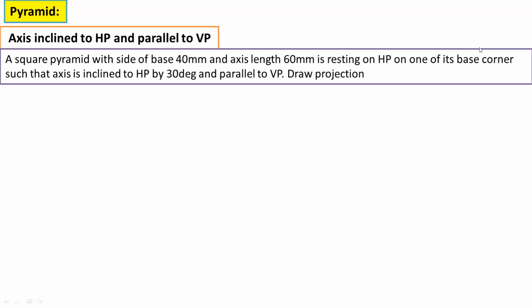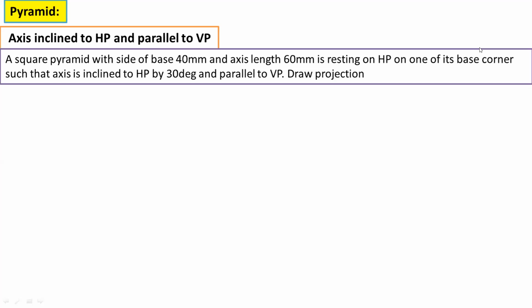Now we will start with the projection of pyramid. The first case: the axis is inclined to the HP and it is parallel to the VP. The problem given is a square pyramid with the side of base 40 mm and the axis length 60 mm, resting on the HP on one of its base corners such that the axis is inclined to the HP by 30 degrees and it is parallel to the VP.